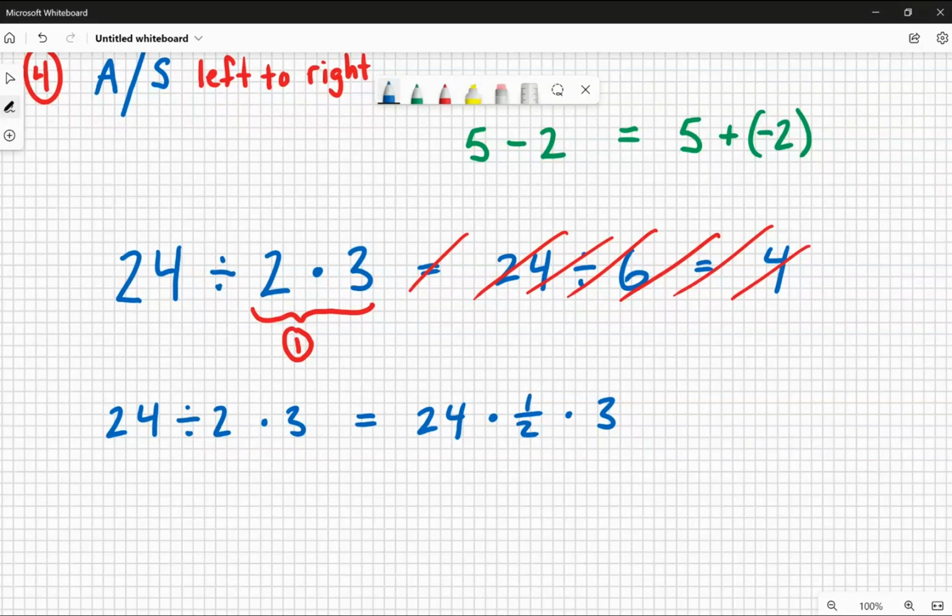Half of 24 is 12, and then we multiply. So let me put a 12 down here. When we multiply 12 times 3, we get a different answer. We don't get 4, we get 36. I'm not saying you have to do it this way. You don't have to always convert division to multiplication, but this is the reason why. This is the justification why when we're at that multiplication and division step in PEMDAS, we have to go left to right.